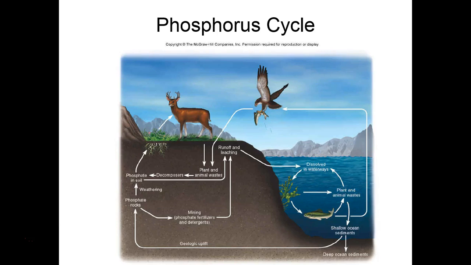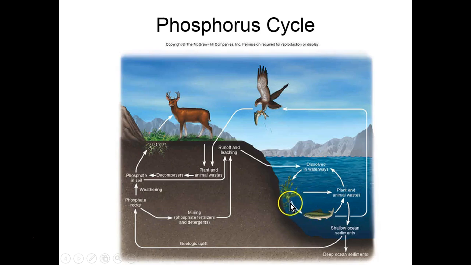Okay, so this is showing us the cycling of phosphorus in the ocean and also on land. A lot of phosphorus comes off of land and washes into the ocean or into lakes and different waterways. Once it's there, it's taken up by phytoplankton and algae and other photosynthesizers, and it's used to build their tissues.